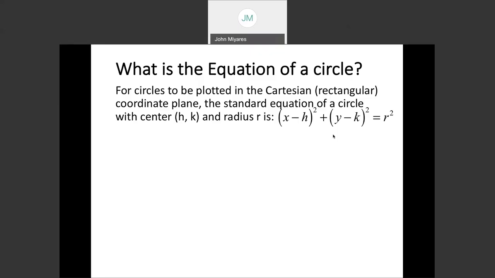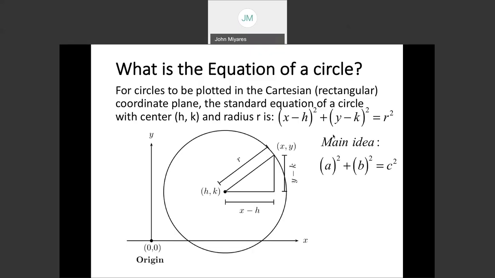So, clarifying, the values of x and y here represent the coordinates of any point on the circle itself. h and k are the coordinates of the center, and r is the radius.